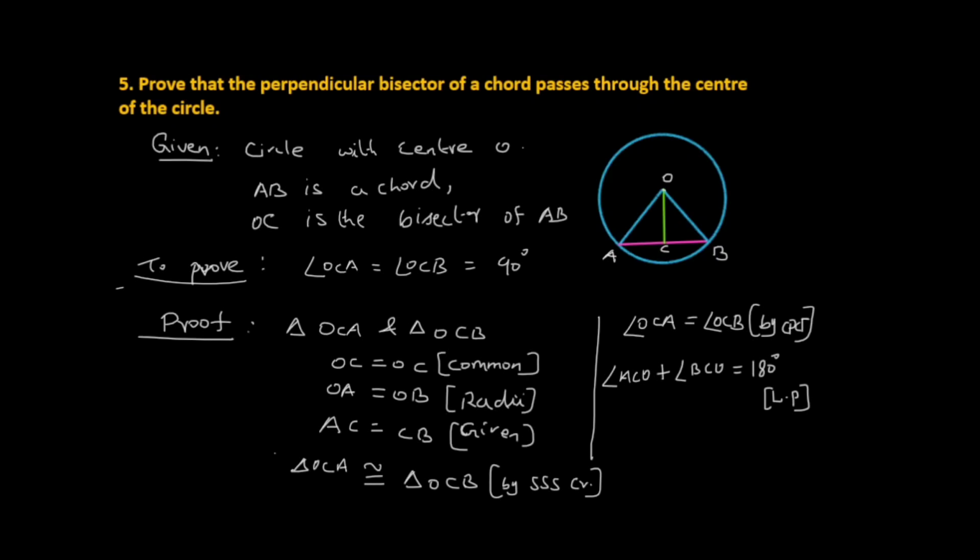Because AB is a straight line, the angle at C is 180 degrees, and it is divided by OC. So angle ACO plus angle BCO is 180 degrees. We know that both angles are equal. Replacing them, we get 2 times angle ACO is 180, so angle ACO is equal to 90 degrees. That implies angle BCO is also 90 degrees.